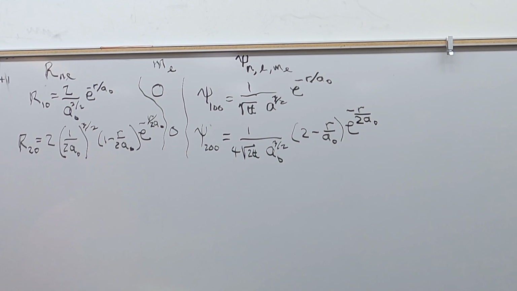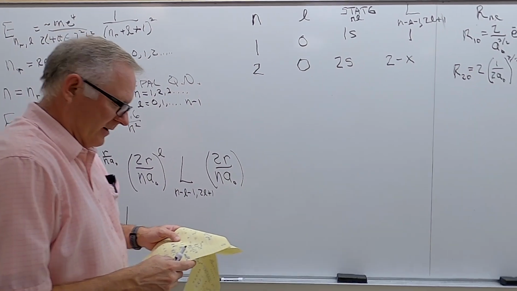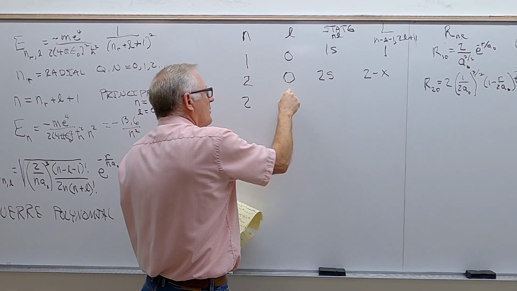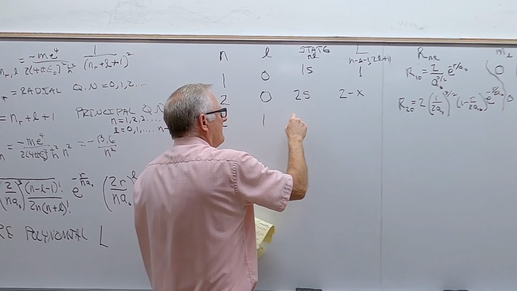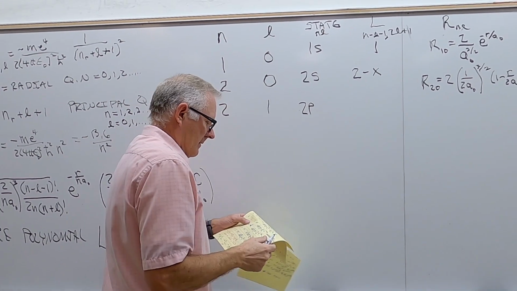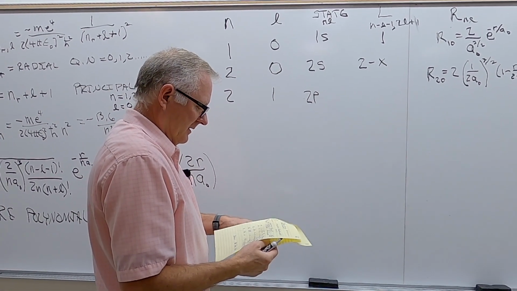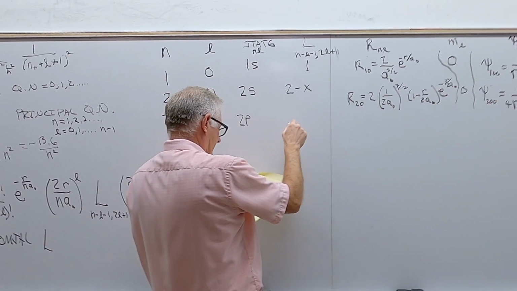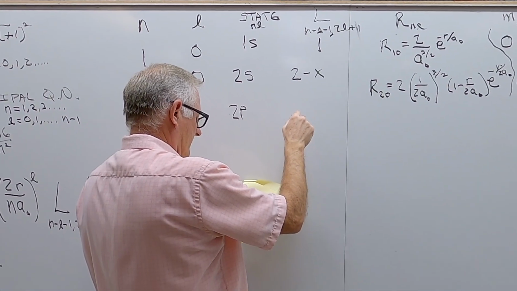Okay, just change the constant out in front, probably because we're still at l equals 0. Now let's look at the case where this is 2 and this can be 1. We would call that the 2p state. Okay, and this 2p state, this is still just 1.